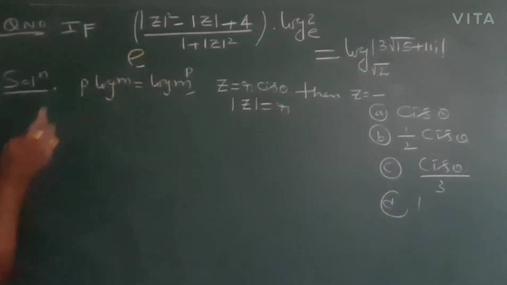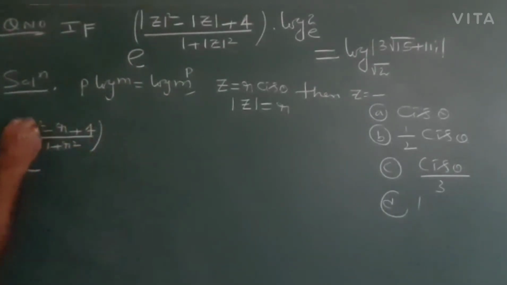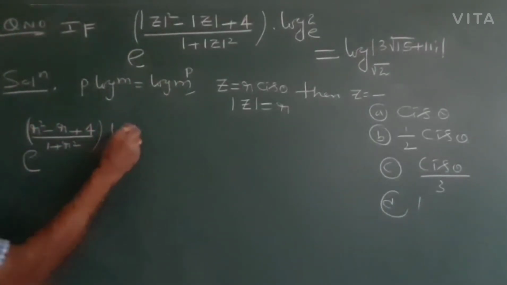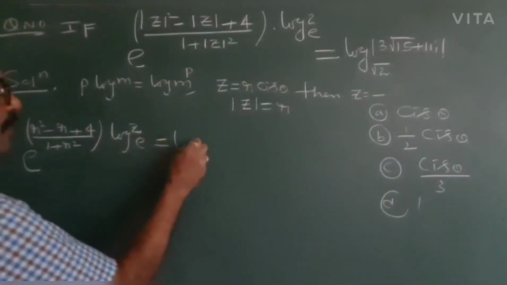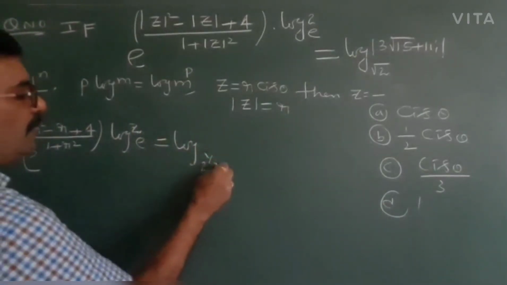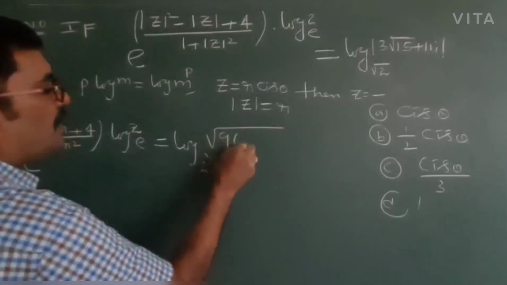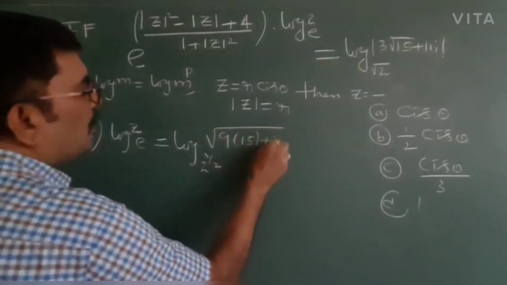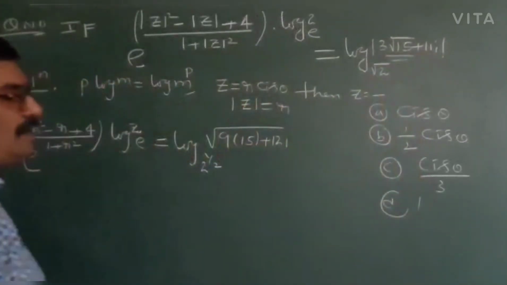Then your given problem becomes r square minus r plus 4 upon 1 plus r square into log 2 base e is equal to log of the square root of 9 into 15 plus 121. I have taken the modulus of the complex number.